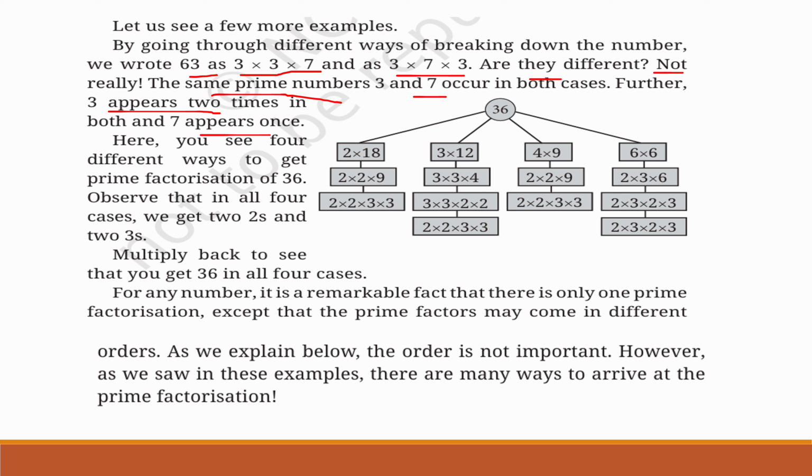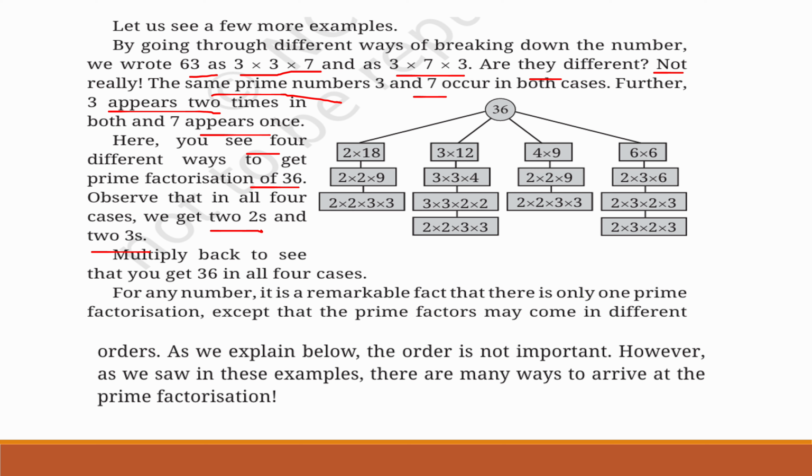Here you see 4 different ways to get the prime factorization of 36. Observe that in all 4 cases we get two 2's and two 3's. Let us see.